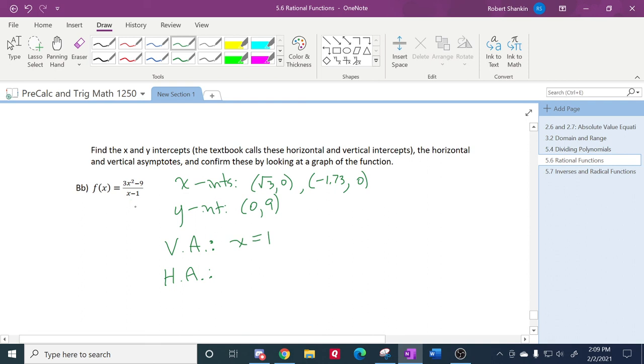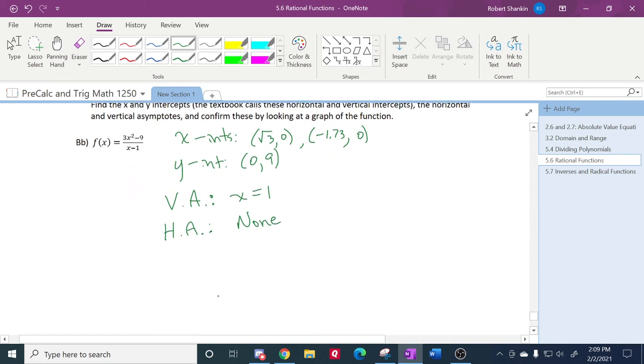As x gets super large, what happens to the output? Well, it depends on which has larger degree, the numerator or denominator? The numerator has a larger degree, so it sends the fraction off to infinity. None. There is no horizontal asymptote.